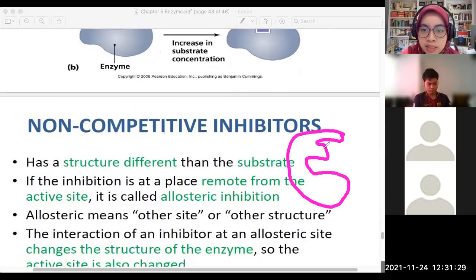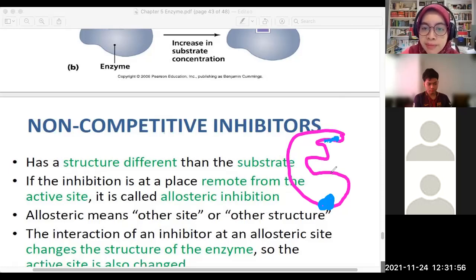Rather than binding to its active site, the inhibitor can bind to other parts of the enzyme, for example, over here. Upon binding, although it doesn't bind to the active site, it can still change the shape of the enzyme, causing a conformational change. So when this inhibitor binds to the enzyme, suddenly the active site is changed.